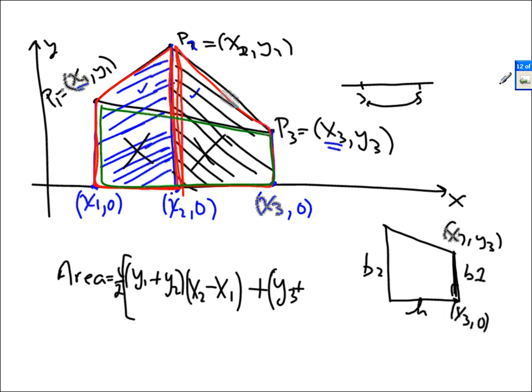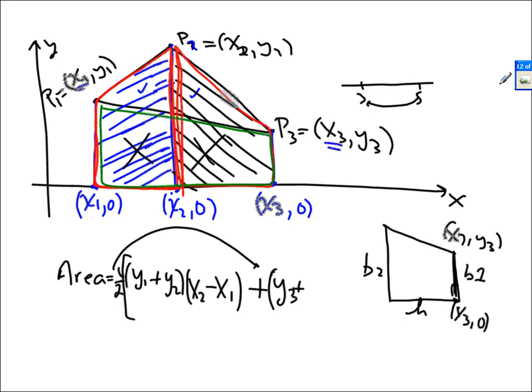Plus, remember, the half is in front of the formula, plus this height. Well, this point on the bottom was x2, 0, and then it went up to x2, y2. The x's didn't change. That makes this a right angle. That is, the y value just went from 0 to y2. That's y2.